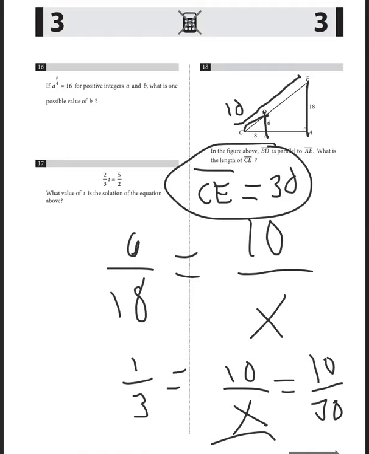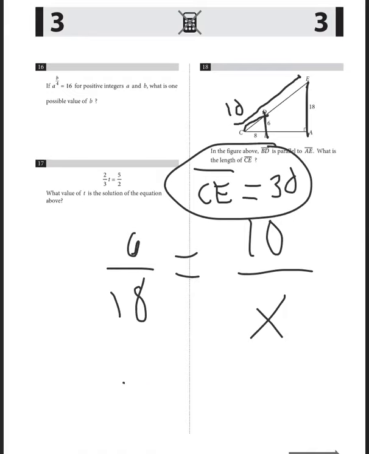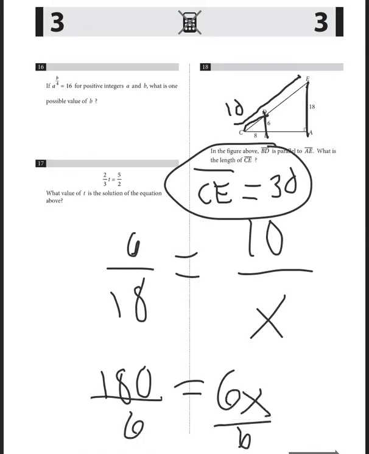But of course, you can do this another way. You can cross multiply if you don't think of it that way. You can do 10 times 18, which is 180, equals 6 times X, divided by 6 on both sides. I know that 180 divided by 6 is 30. So it ends up being 30. And that's how you get the answer.